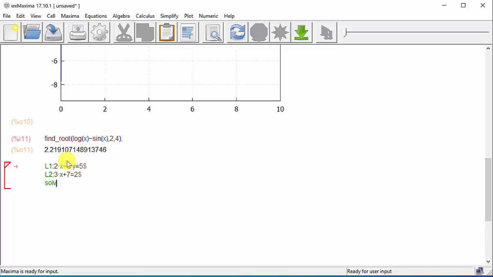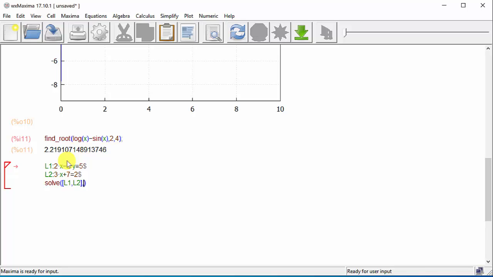Now I want to solve this system of equations. So let's solve, parentheses. Now I want to solve the equations L1 and L2. That's my 2 equations. So in a bracket, I'm going to put L1, comma, L2. And then I'm going to move outside that bracket and put a comma.